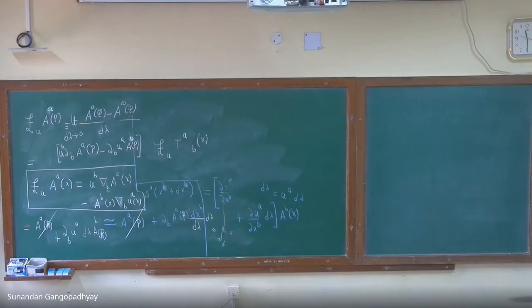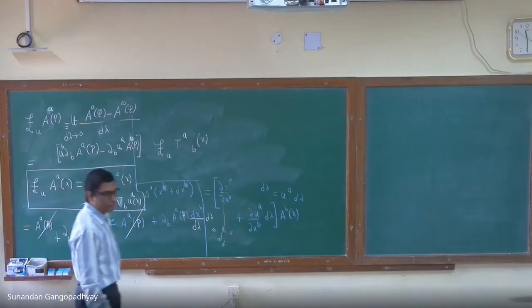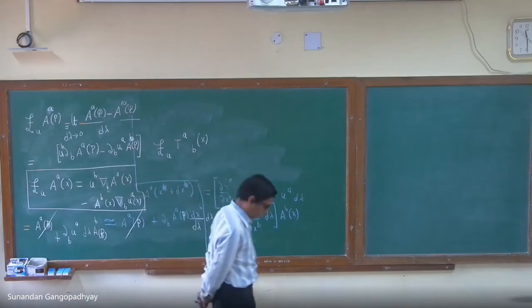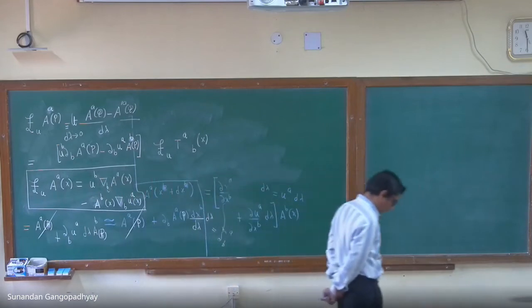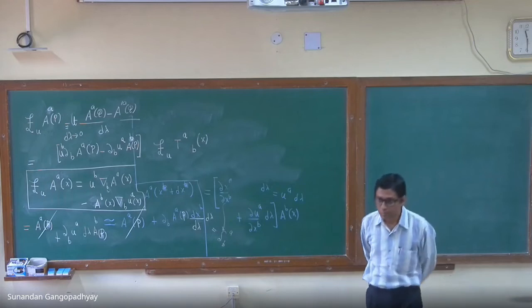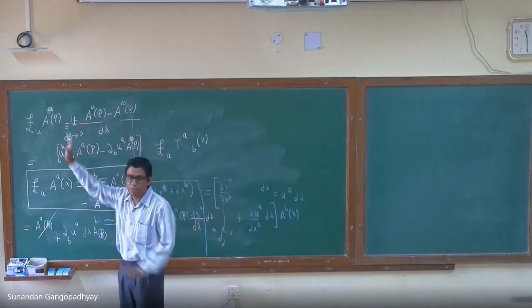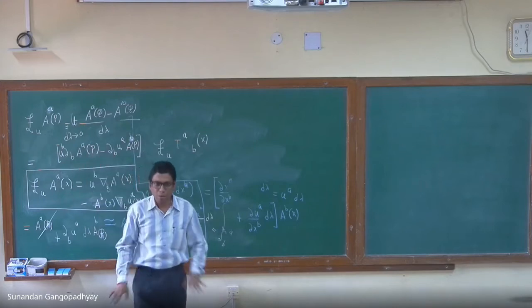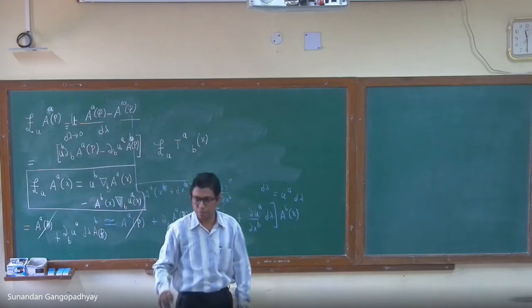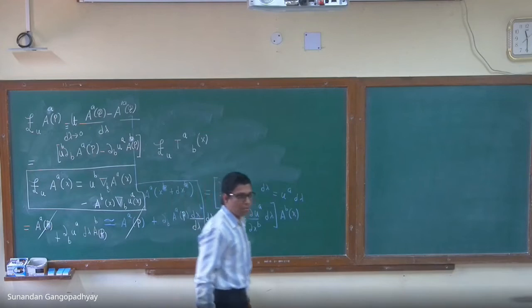Okay. Do you have any questions at this point? So far, this is completely mathematical. How it is used in physics is a separate issue, and we'll see how you can use it in physics.